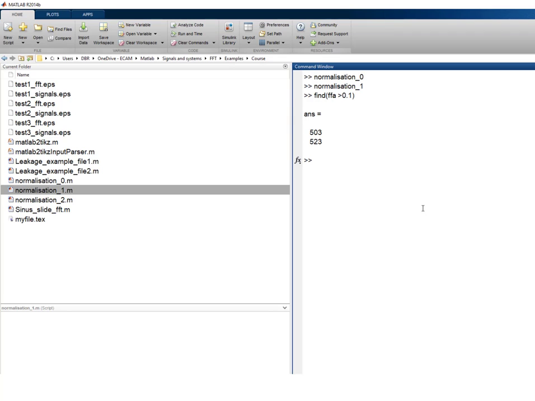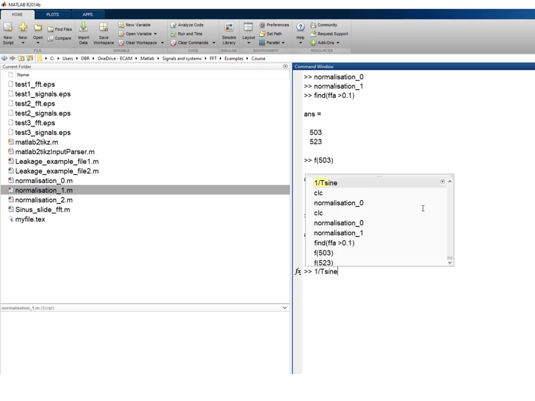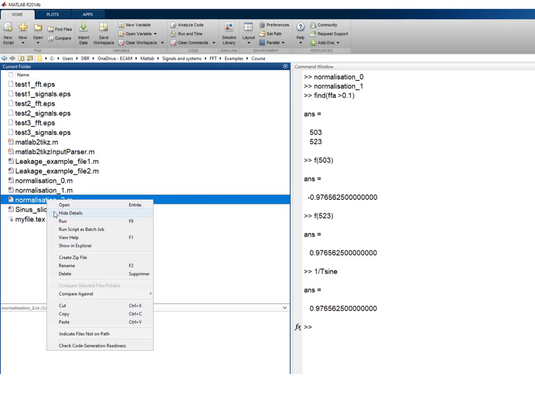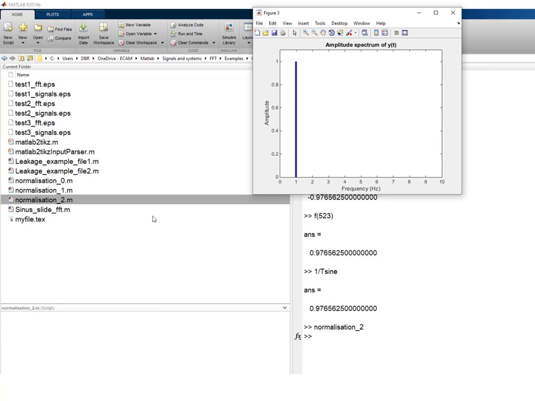We find 2 frequencies. If we look at these frequencies, they correspond to something that is close to 1, as expected, and we can now compare this to the frequency of the sine, and you can see that this is exactly the same. So we have really pinpointed the frequency of the sine.